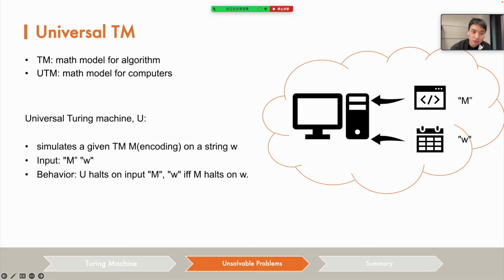It takes both the encoding of the Turing machine and the corresponding input, and U halts on the input M omega if and only if M halts on omega. For better understanding, U can be seen as a computer, M is the program and omega is the data.